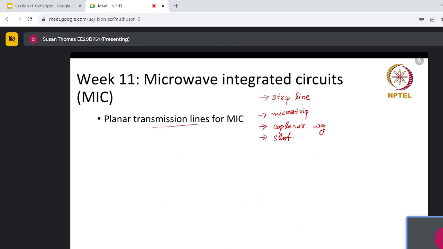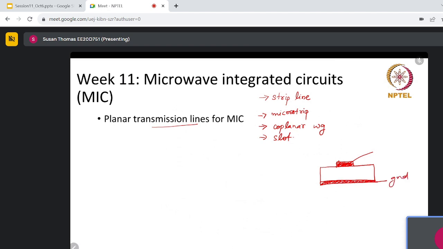To quote some of them, one of the very commonly used is the microstrip line. So this is a side view. Please don't confuse, this is the side view of the cross section. This is a conducting plane, which is basically the microstrip, and this is again a conducting plate, which is nothing but a ground.